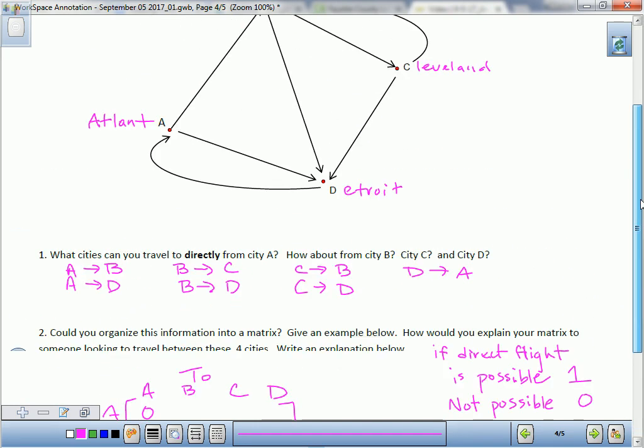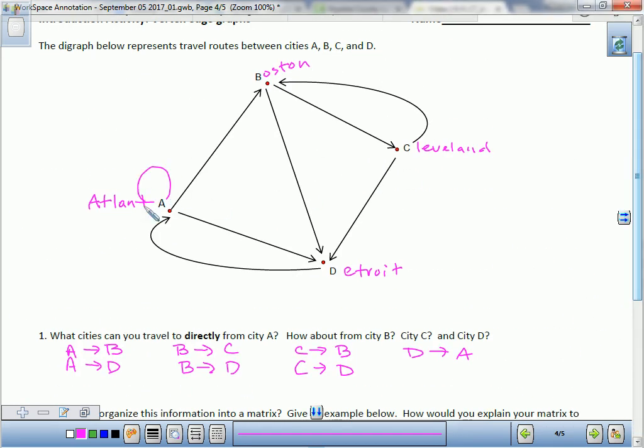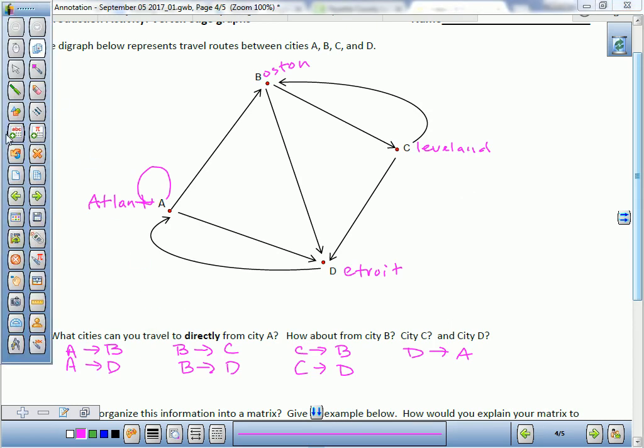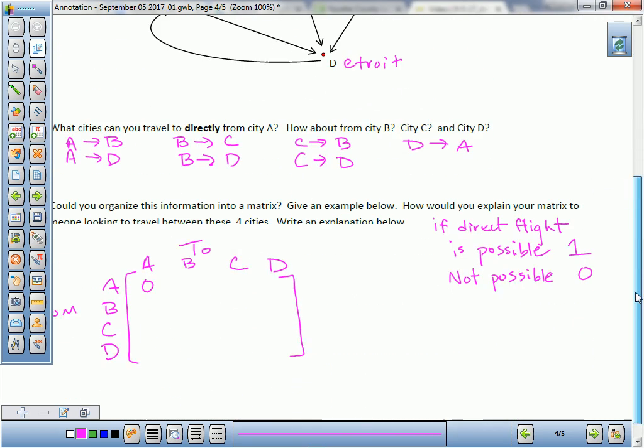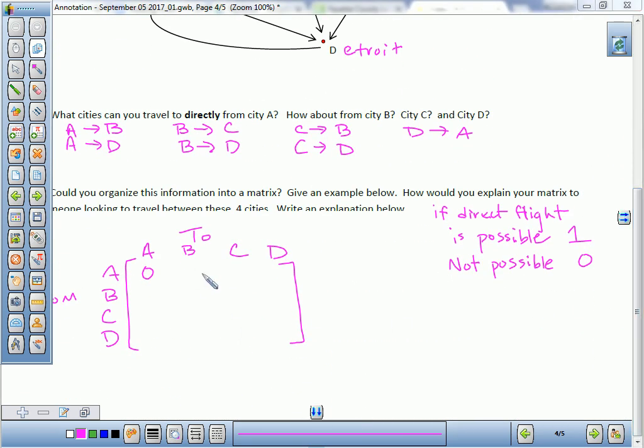For that to happen, we would have to have a little whoopsie arrow. But we can go to Boston and Detroit, but there's not a direct path to Cleveland, according to our little made-up schematic.